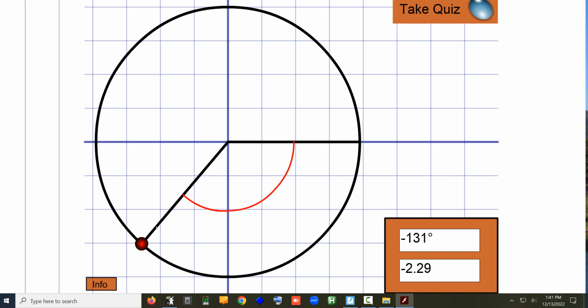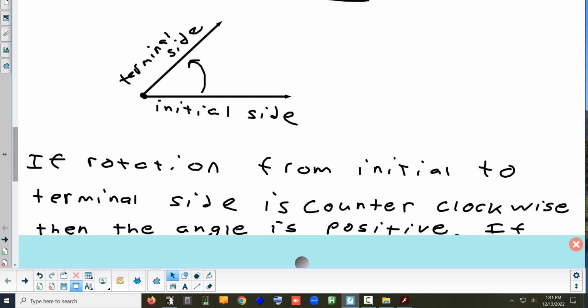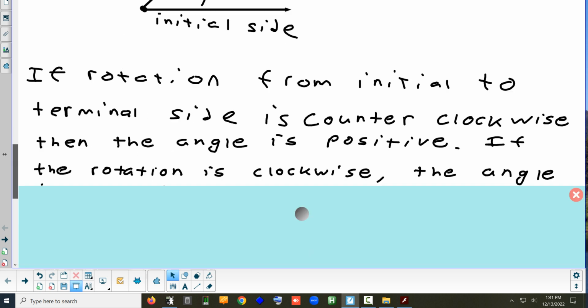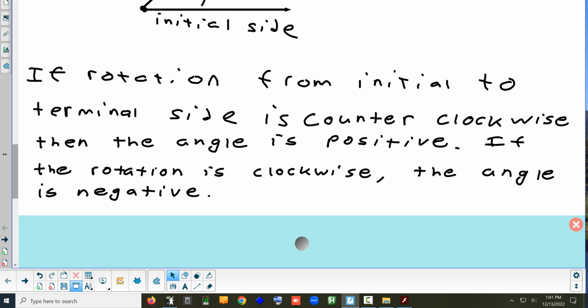Now there's two numbers here. One of them is degrees. The other one is something we'll talk about later today. So the only difference between clockwise and counterclockwise is whether you have a positive angle or a negative.